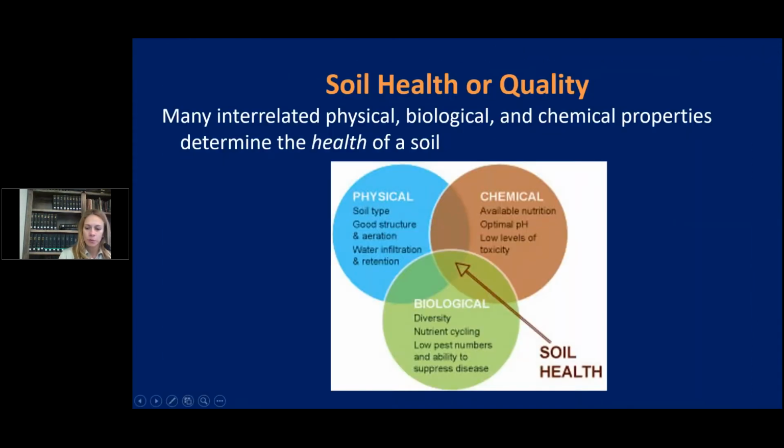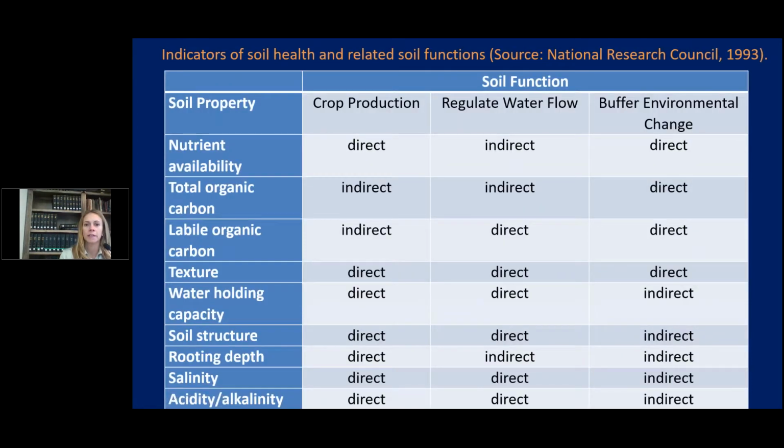As I explained in the previous slide, if the main goal is something different other than just plant production, then the properties that will impact that particular soil function will likely be different. The reason why I'm emphasizing the different goals is because the selection of the soil health indicators will be different depending on what the management goal is.